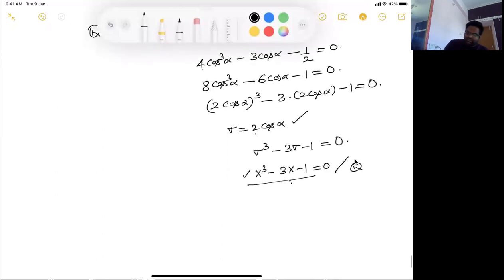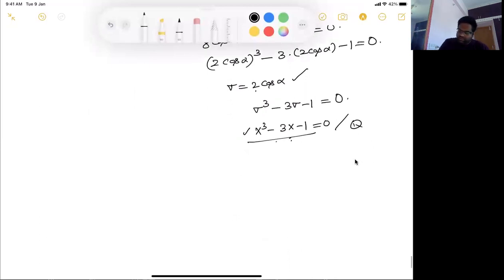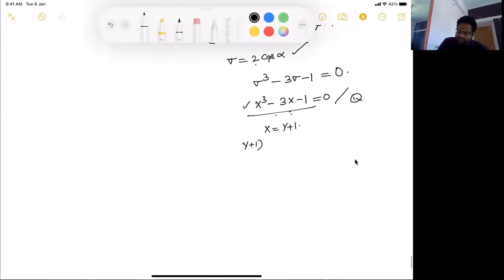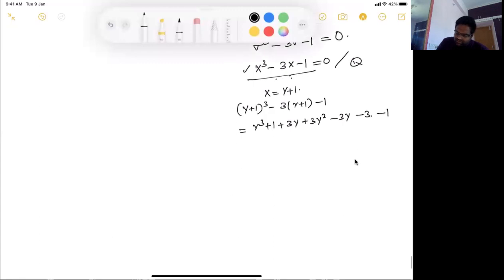So you need to show that x cube minus 3x minus 1 is irreducible. How do you do that? Well, I think you just need to substitute x equal to y plus 1 and see what happens. (y plus 1) whole cube minus 3 times (y plus 1) minus 1, which is equal to y cube plus 1 plus 3y squared minus 3y minus 3 minus 1, which is y cube plus 3y squared minus 3.